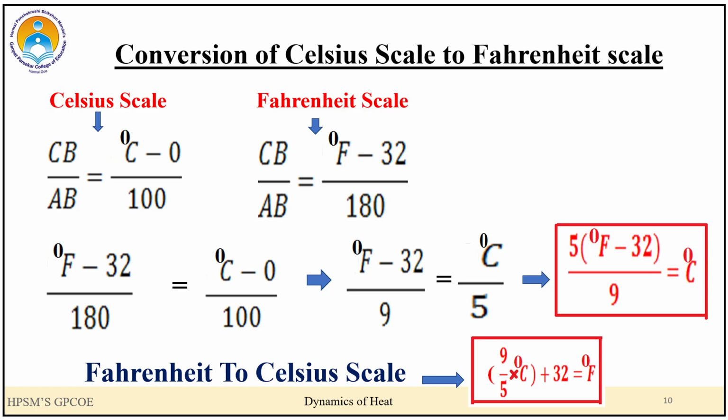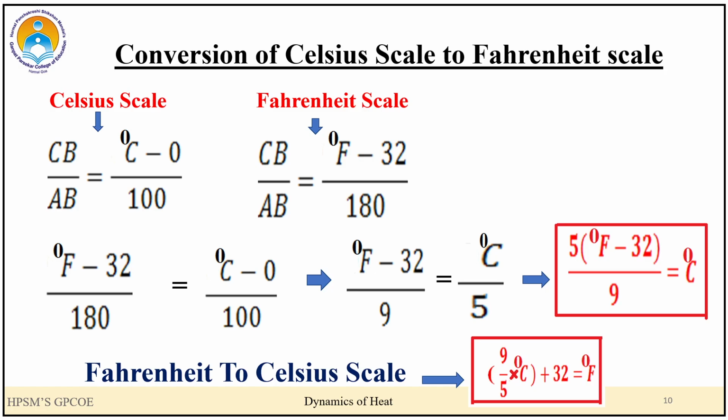This CB by AB in the Celsius scale and the Fahrenheit scale are equal, and therefore we can equate these two equations, that is, degrees Fahrenheit minus 32 divided by 180 equals degrees Celsius minus 0 divided by 100.